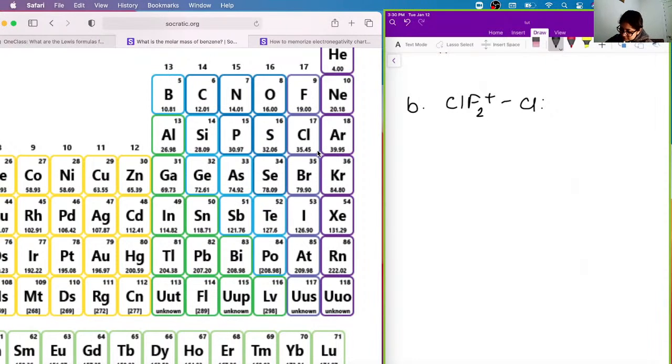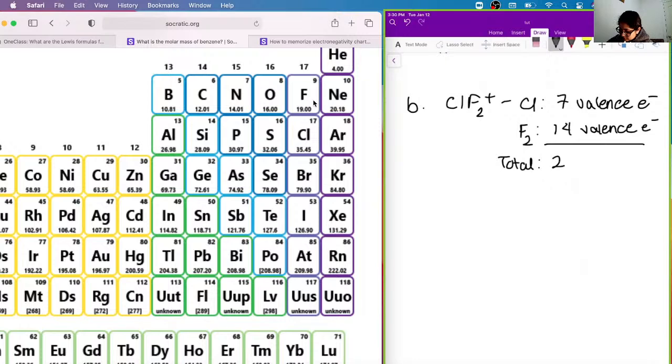And it has 7 valence electrons. We have 2 fluorine atoms, so we have 2. And we know fluorine is also in group 7, so 7 times 2 is 14 valence electrons. And so now you just add them up. So the total number of valence electrons we have is 21 valence electrons.